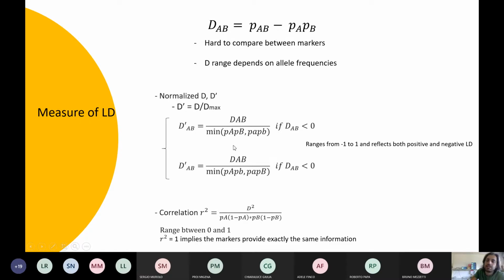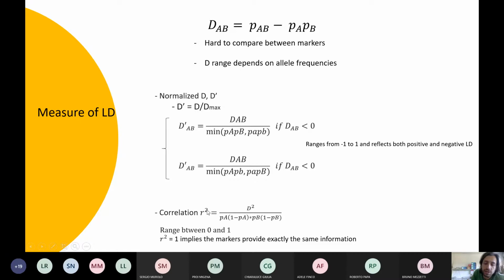The minimum Dmax is given by the frequency of the haplotype AB, while if D is greater than zero, Dmax is given by the minimum of the frequencies of the recombinant haplotypes.